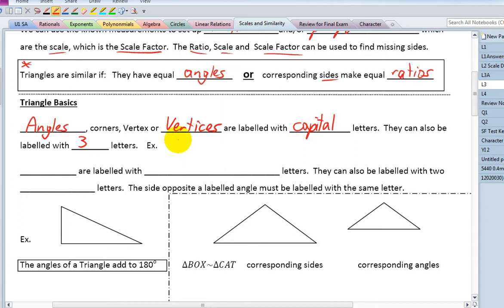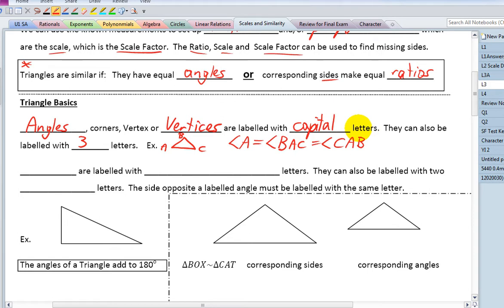So for example here, if I have A, B, and C as a triangle, I can say angle A, or the exact same way I can say angle BAC, or I can call it angle CAB. Right? So just review, how do we label letters? That's how we label them.